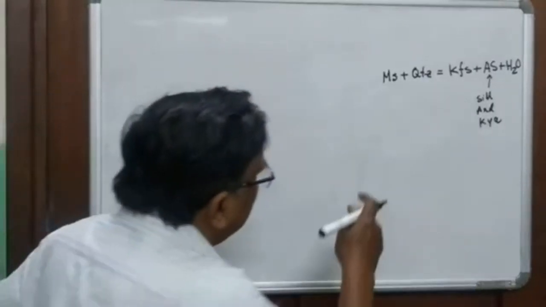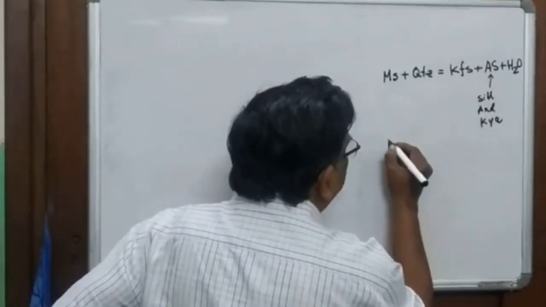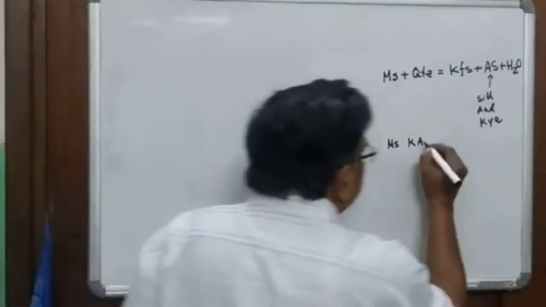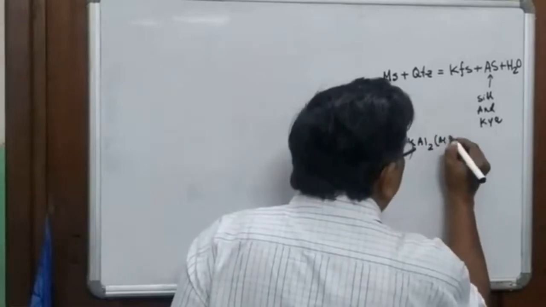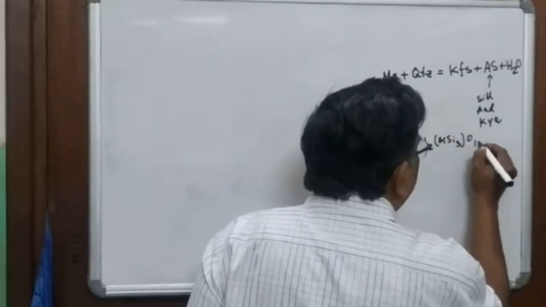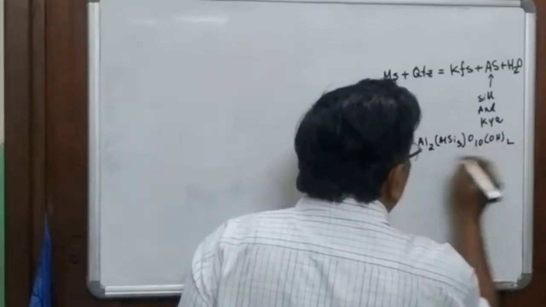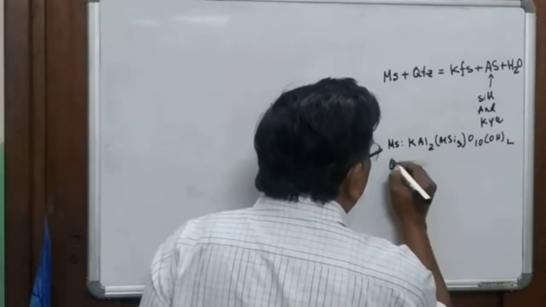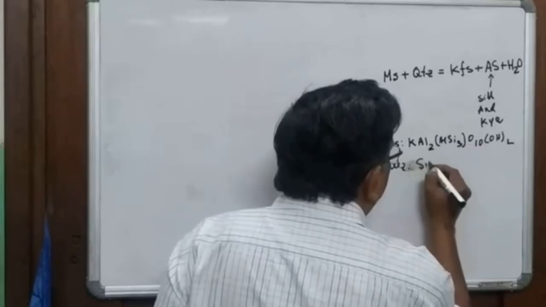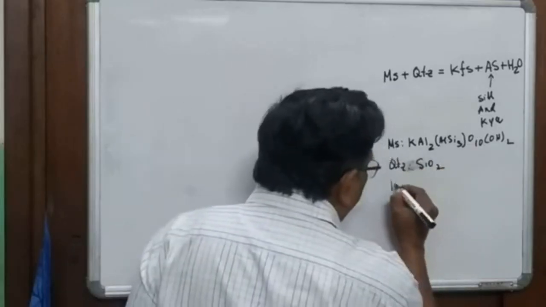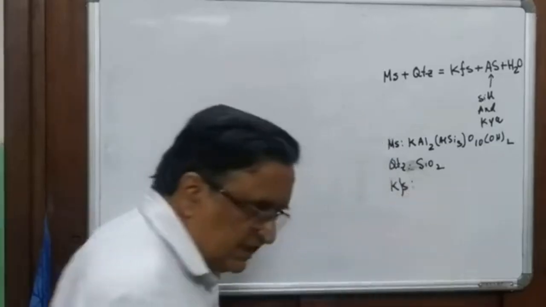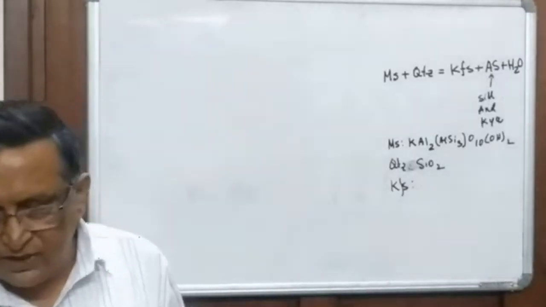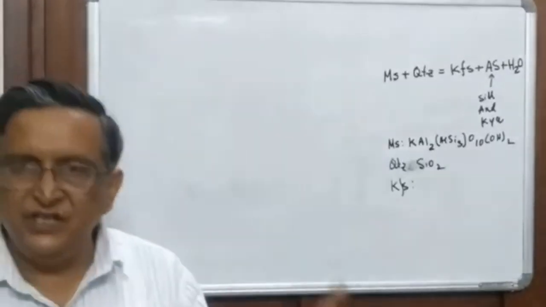Say, for example, the idealized formula for muscovite is KAl2 AlSi3 O10 (OH)2. Quartz is SiO2. K-feldspar has several polymorphs. I don't know whether you know. Say, for example, the high temperature form is called sanidine, S-A-N-I-D-I-N-E.